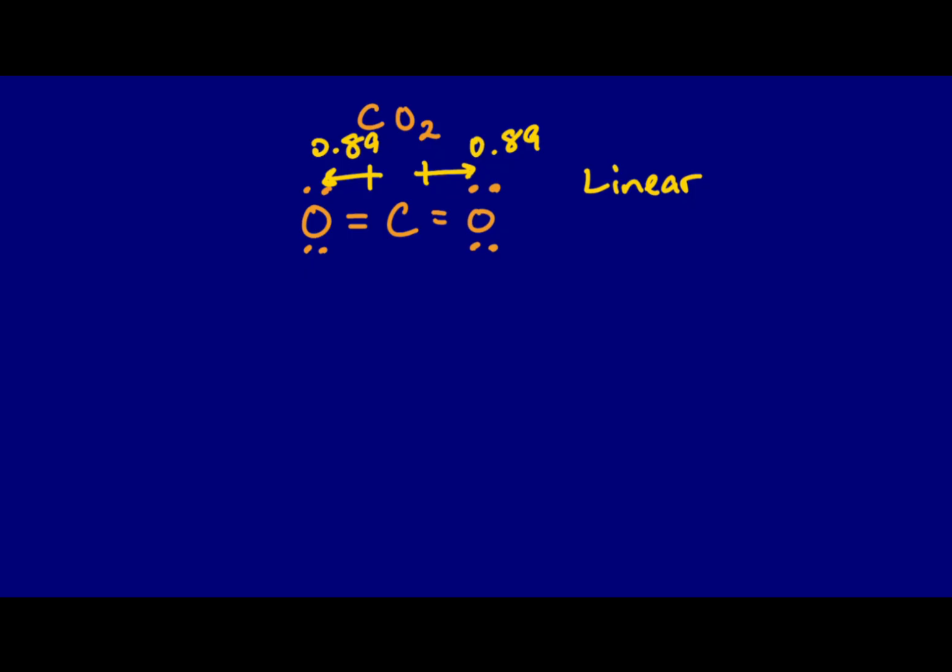And so if they're going in exactly opposite directions, because this is a linear shape, we know that they will cancel each other out. So even though the individual carbon-oxygen bond is polar, these dipole arrows show us that they're not going to be polar overall, right? So CO2 is going to be a non-polar molecule because of the canceling of these individual dipoles.